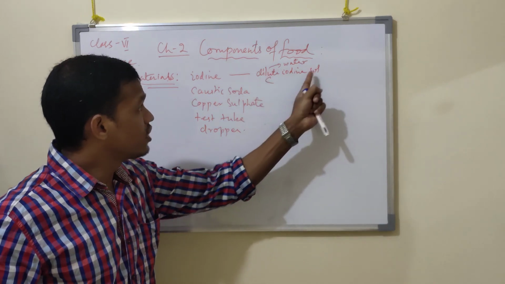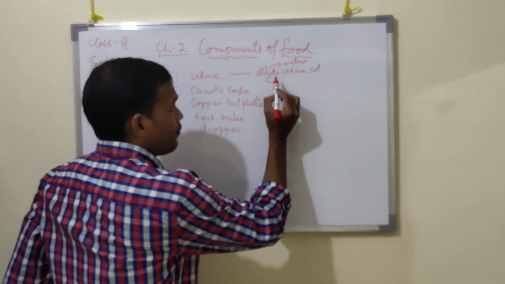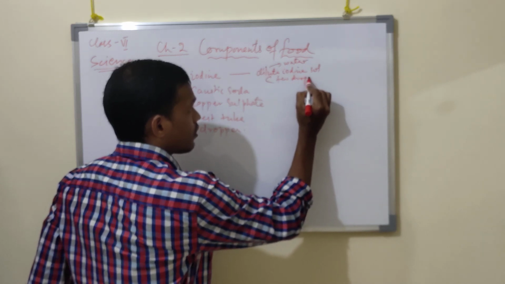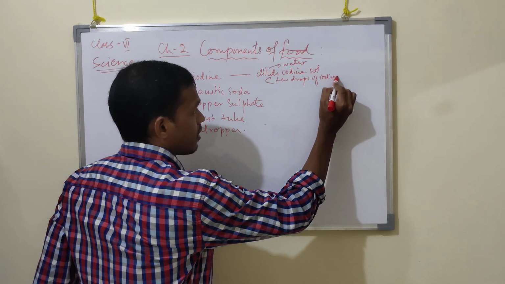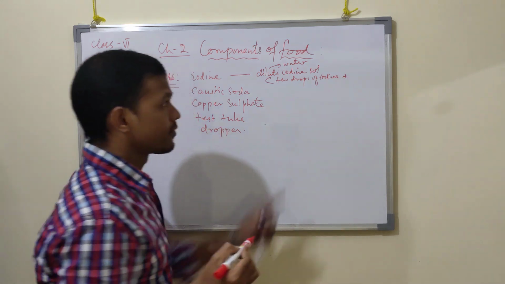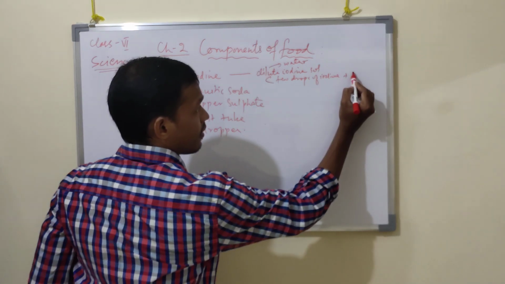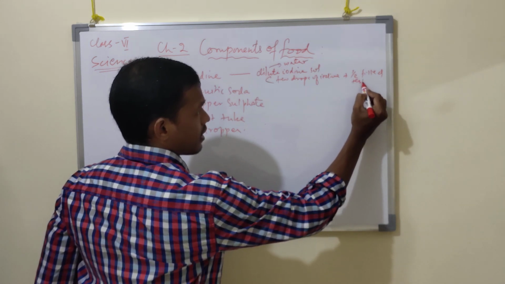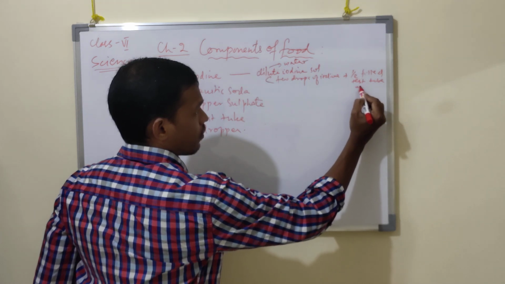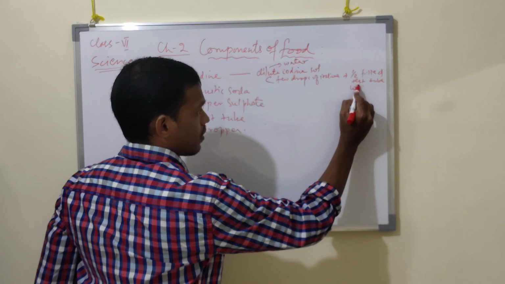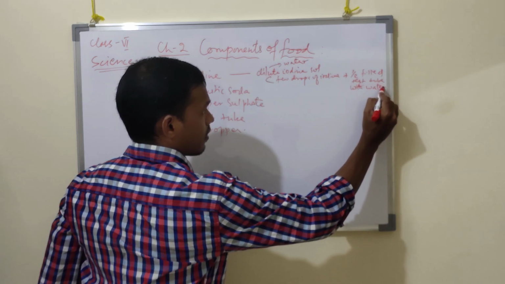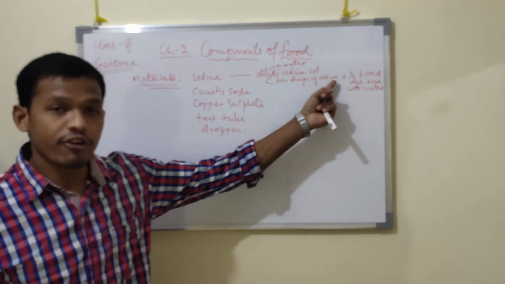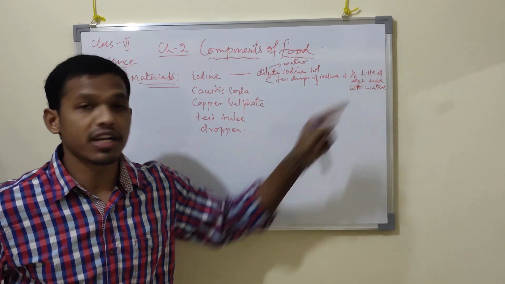The dilute iodine solution is made by mixing a few drops of iodine with a half-filled test tube of water.